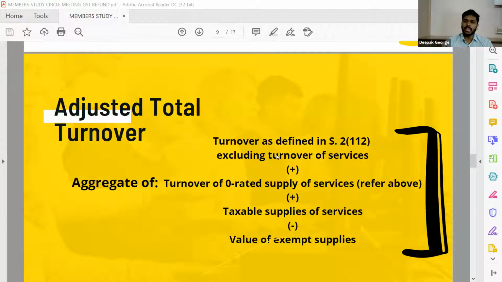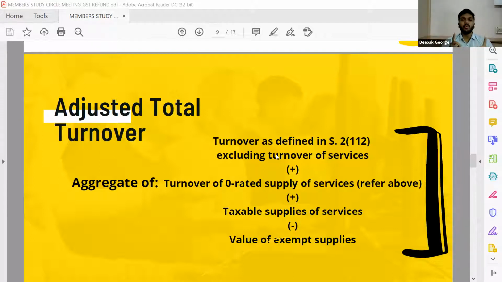You're exporting outside India or to SEZ, it includes all that. It does not include non-GST turnover. That is, you're exporting some goods or services which is not even a part of GST, like petrol or whatever. That will not be taken into this turnover definition. So it's basically taxable turnover plus exempt turnover plus export turnover. Your RCM, inward supply value, all will not be included in this one.